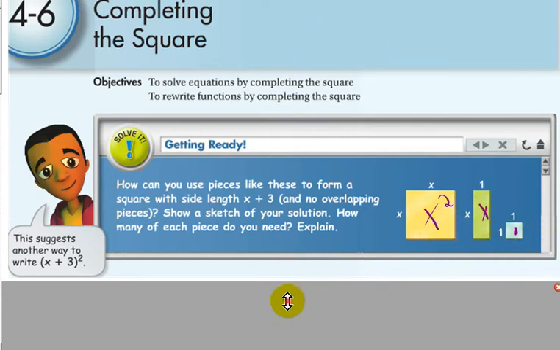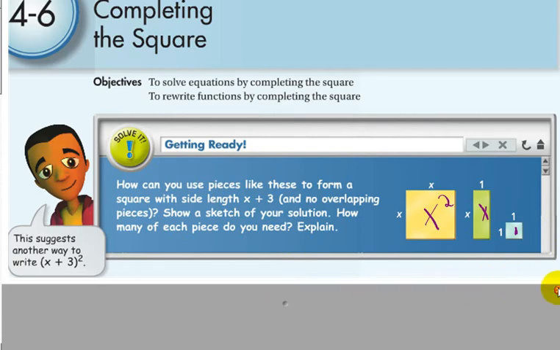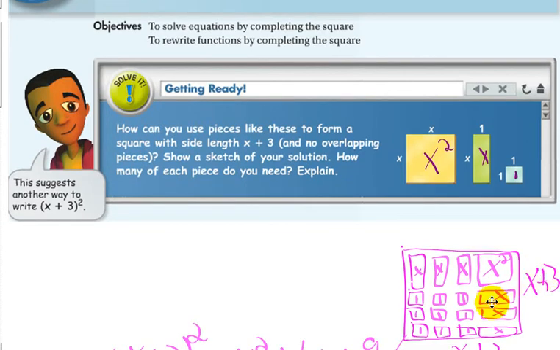Now, when we think about how we can represent this with a picture, I have it right here from earlier. So they said x plus 3. So that's 3 of these and 1 of those.